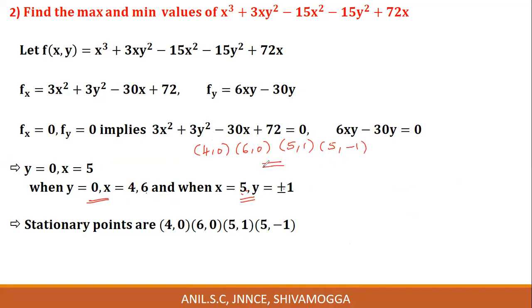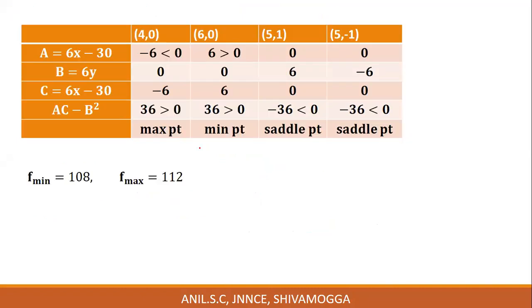These 4 points are called stationary points. Make a note of this. Let's find the nature of these 4 points.